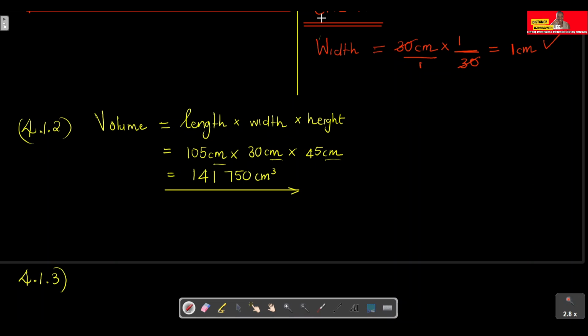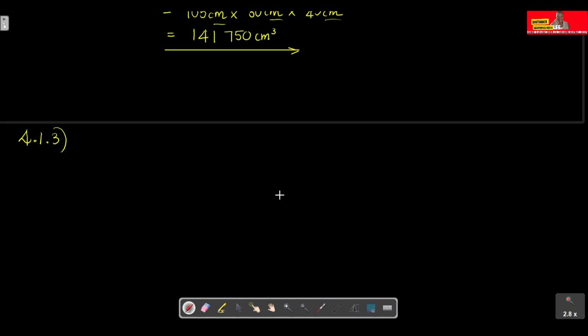the first thing we need to do is convert these centimeters cubed into liters. Because when we want to determine how much water is in something, water is measured in milliliters, in liters, and not in centimeters cubed. So we first need to convert these centimeters cubed into liters.